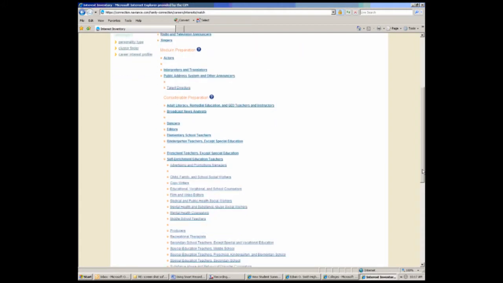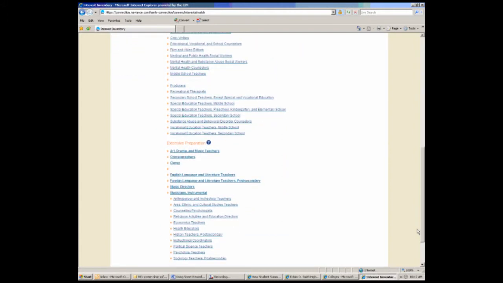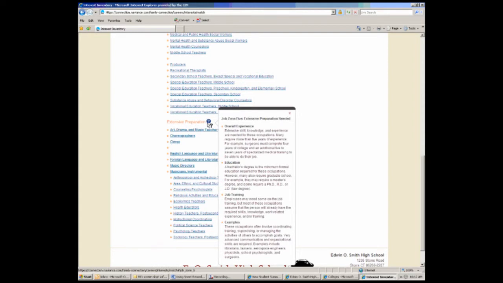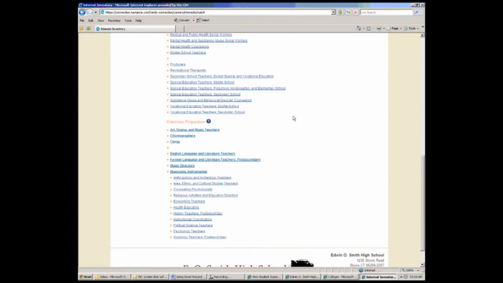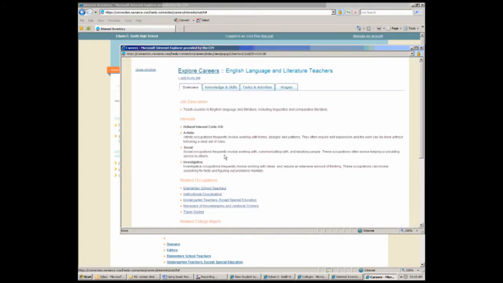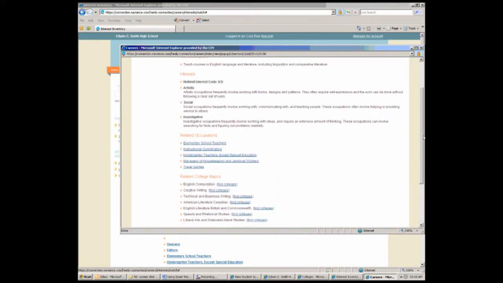And then there are examples as well. The extensive preparation here would provide more education. Now, those careers that are in bold would be more directly related to Lisa's career interest profile.